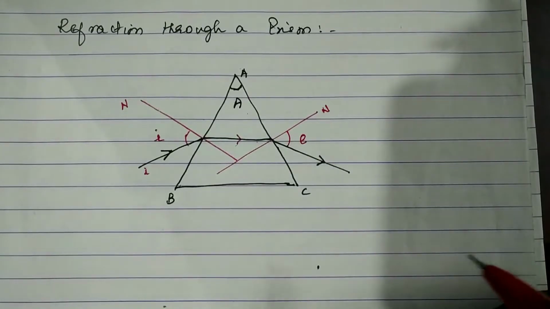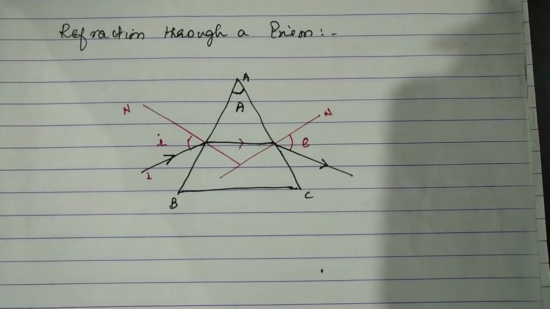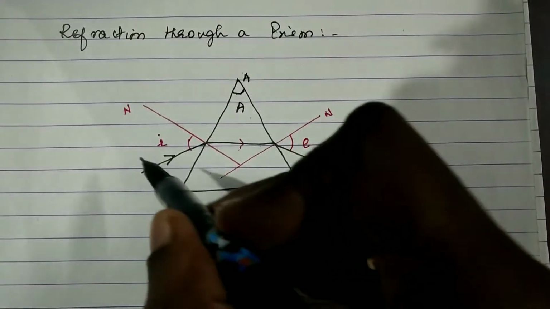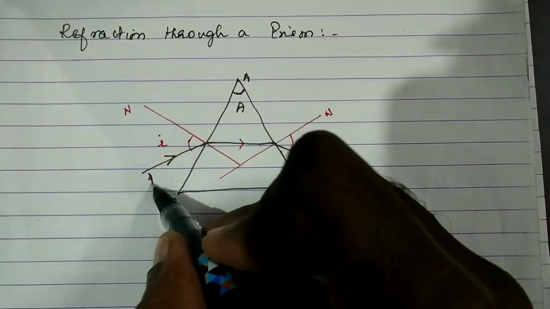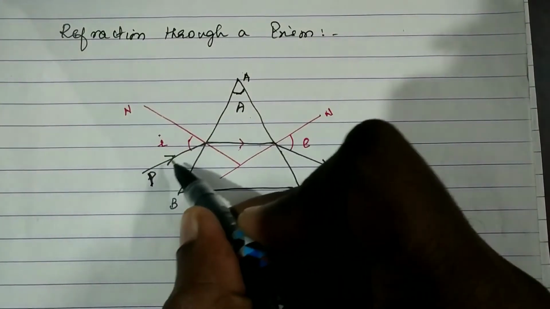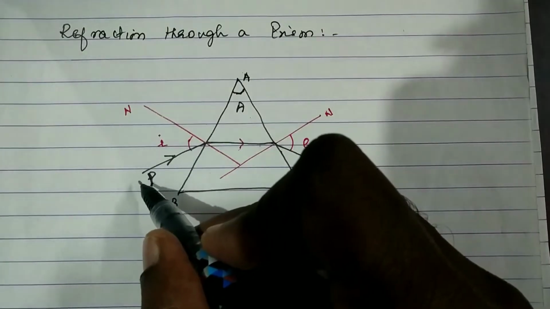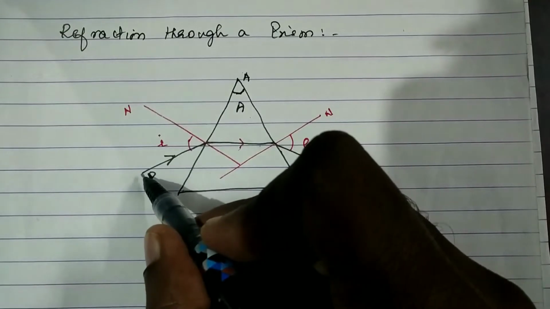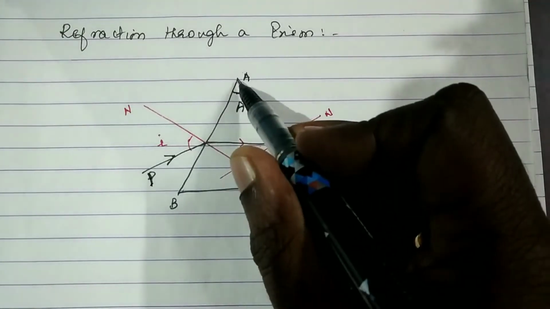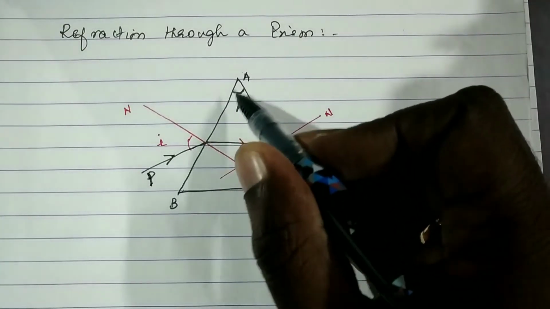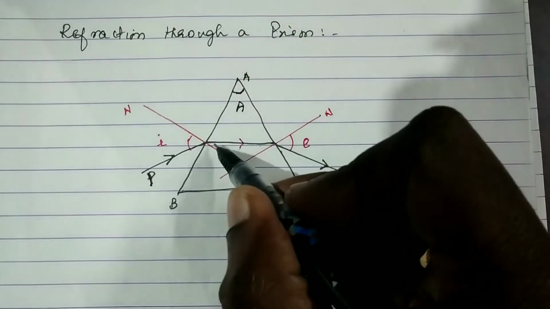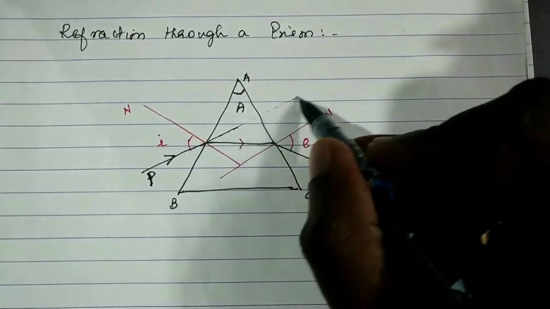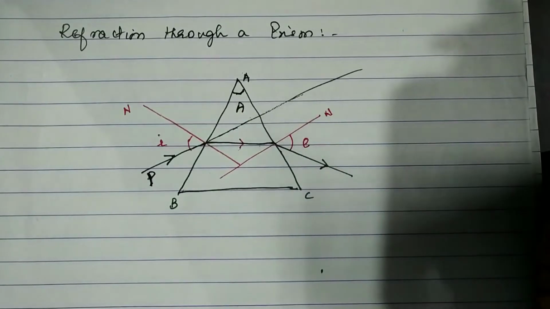Just see this ray, let this ray be PQ. So this ray, if this refracting surface is not present, this would have gone like this, right?